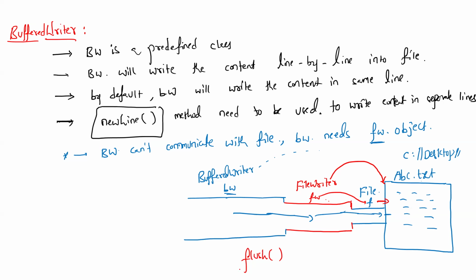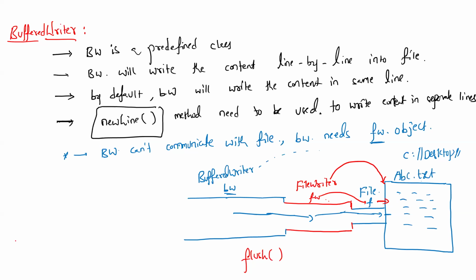It is something like when we have a rice bag and we pour rice into another box, every little grain does not always go directly. If it is a jute bag, some will get stuck in the bag, but we will shake that bag so that the small grains also go into the box. Same thing here also. The flush method will make sure that it sends every small letter or every small content from the writer into the file.